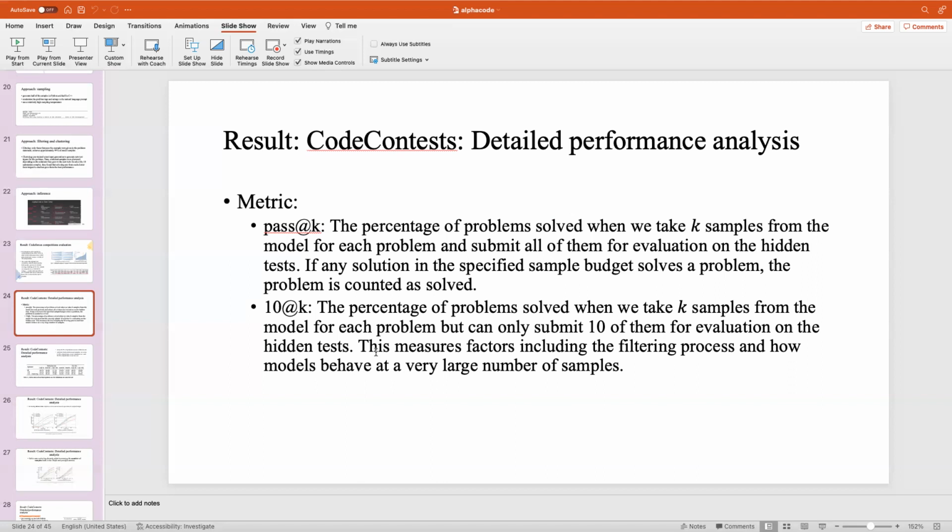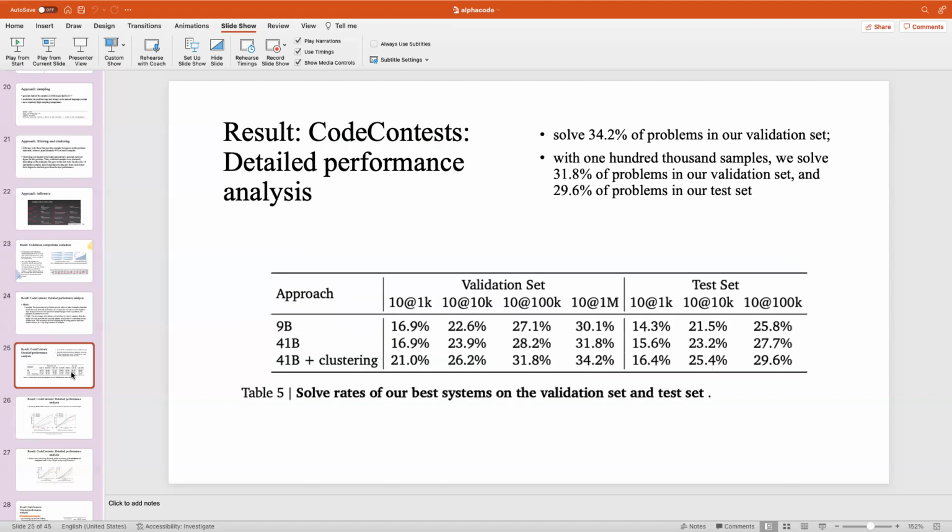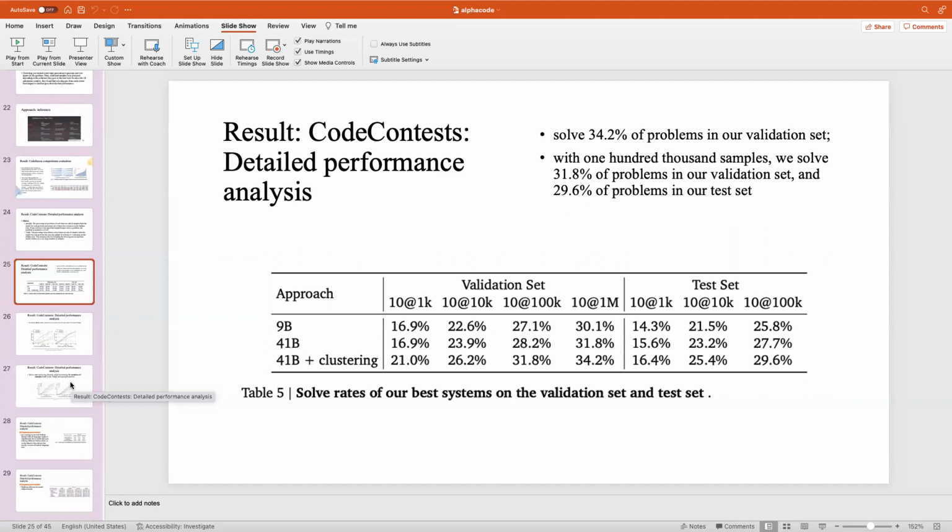So the 10@k includes the filtering and the clustering process, and pass@k is mostly on the generation part of the model. Here are some results of 10@k for the model. The model can successfully solve 34.2% of problems in the validation set.